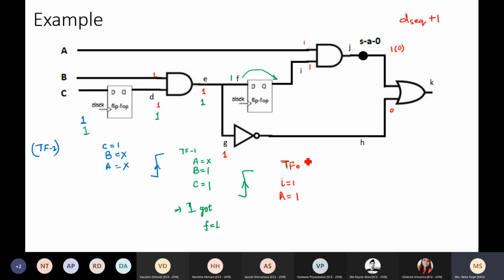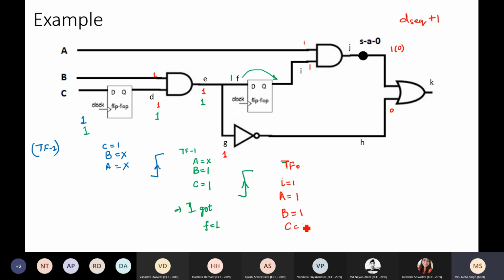If I want H equal to 0, what should I get? I should have 1 here, which means I should have 1 here and 1 propagated from the last time frame. So I need in this time frame B equal to 1 as well. Then only I will have this H equal to 0. So at this point of time, I should have B equal to 1.